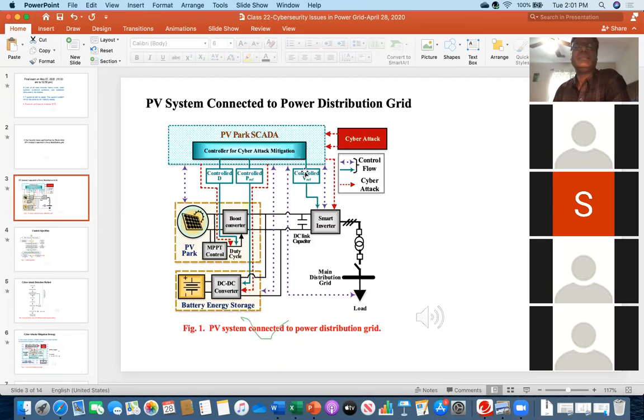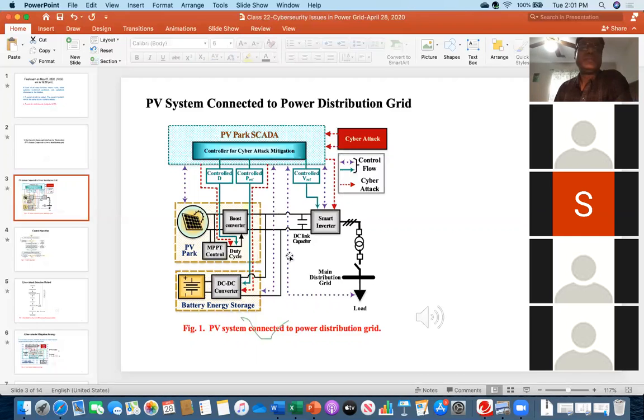That is the meaning of this signal. And then the same thing, we are assuming that the attacker changed the P reference value by changing the duty cycle here. So we are correcting that signal. So control P reference, control duty cycle. Therefore these green colored blocks are for the mitigation controller.